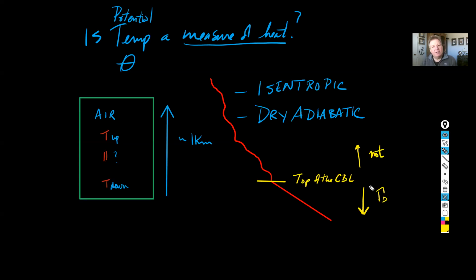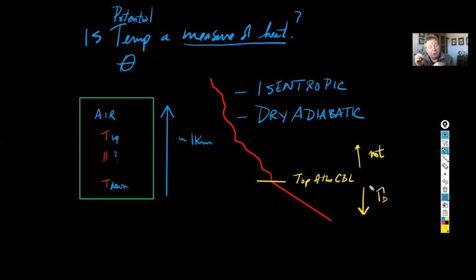Now guys, listen to me. This is the environment. This is not a parcel. This is the environment. So this is what's happening in the atmosphere when the sun comes out. It starts mixing the atmosphere, and then a layer of the atmosphere becomes dry adiabatic. And we said instability is a race between the parcel and the environment.